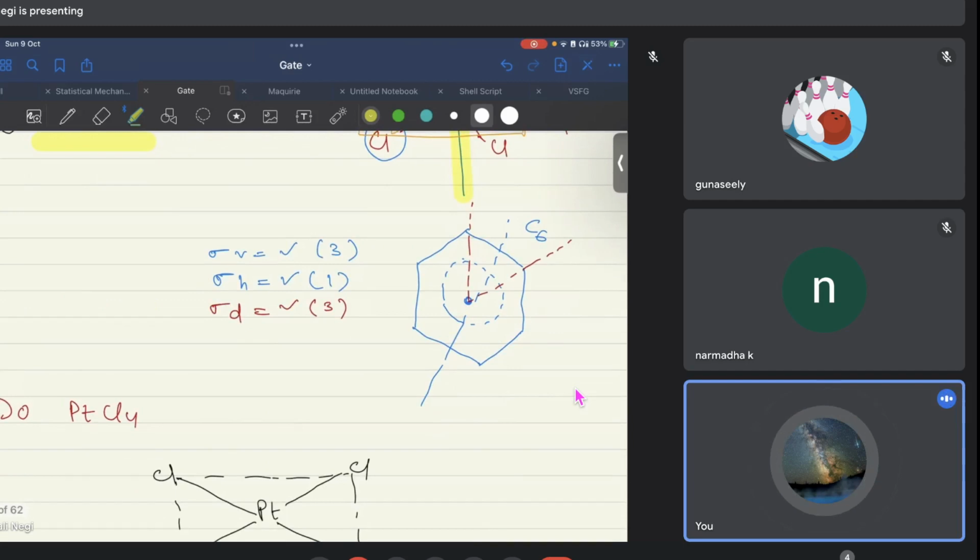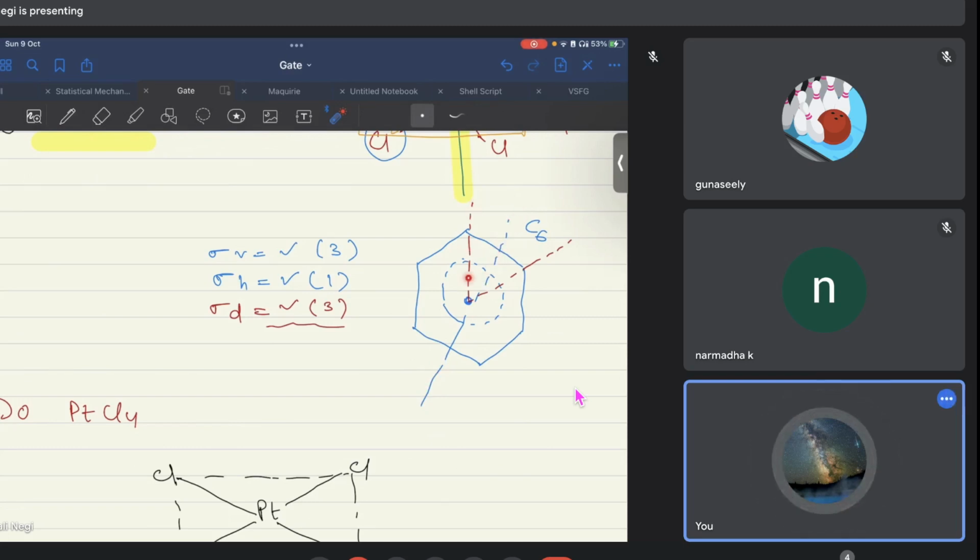Again for benzene. So for benzene, as I have shown you in sigma d, there was a sigma d present, correct, in benzene. So it was like this. So this was the plane which was reflecting the molecule and the point, and this was called sigma d. It was dihedral. Why?